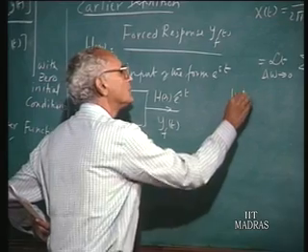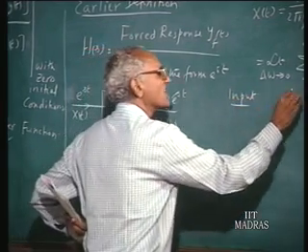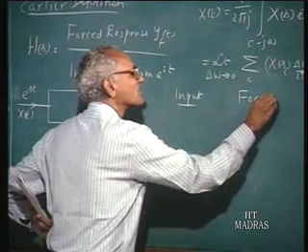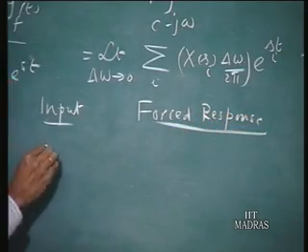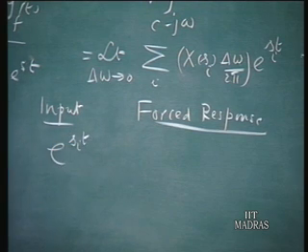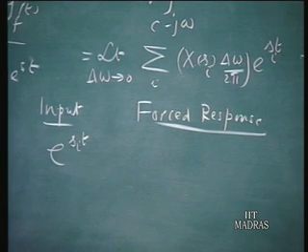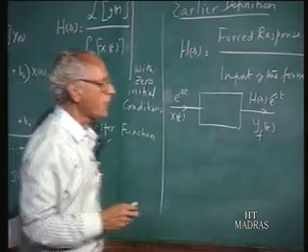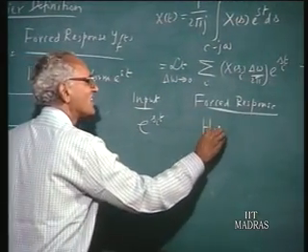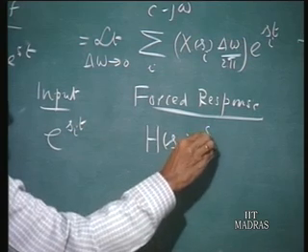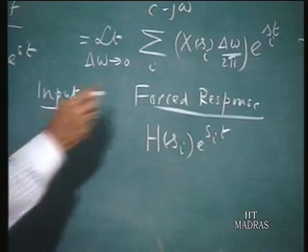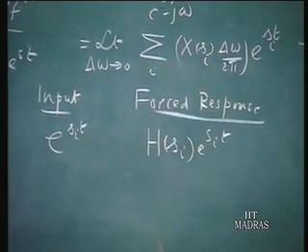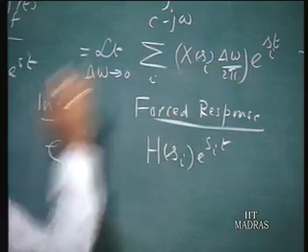Suppose we have the input and the forced response. If the input is e power s_i t, according to our earlier discussion, the forced response will be H(s_i) e power s_i t. Now we have not a single such signal but a whole lot of them, each weighted by a coefficient like this.